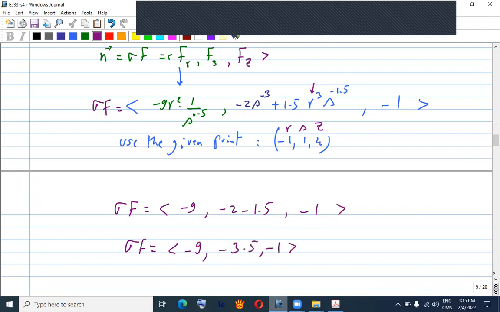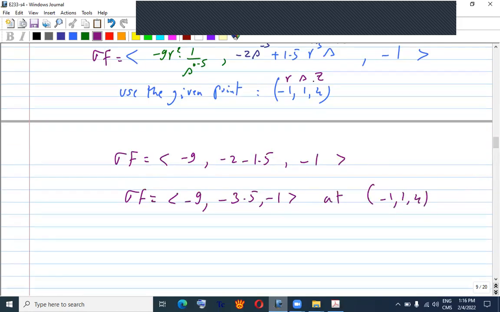You are done with delta F, and you have the point, which is minus 1, 1, 4. Now be careful again, we're not using X, Y, Z, we're using R, S. So what is your formula? It is FR times R minus R of the point.